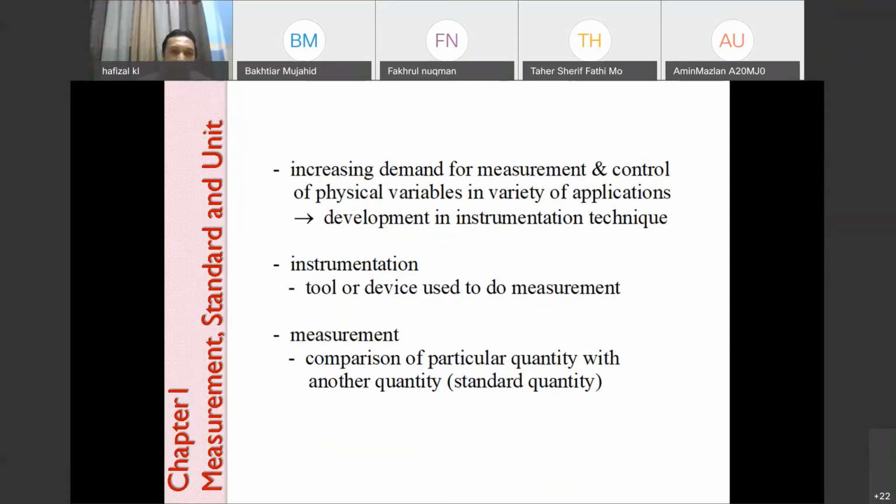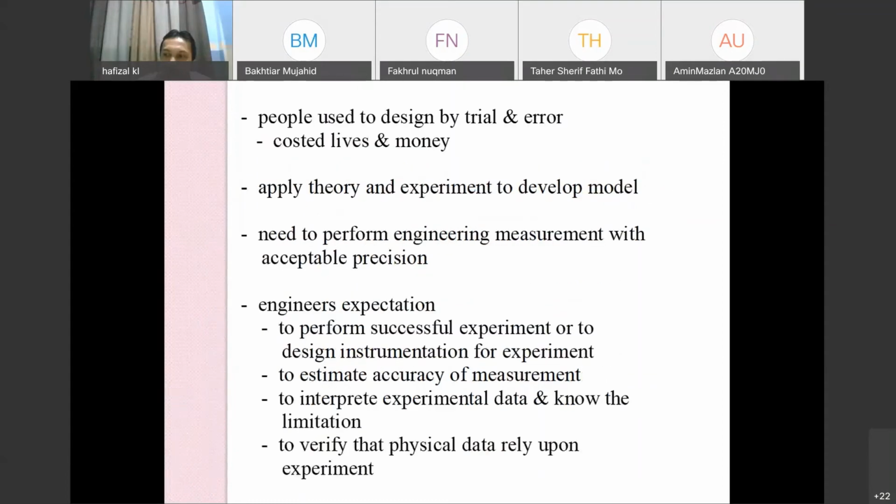In the early stage, it was by trial and error, from the stone age using their technology. From the very simple measurements they used, up to nowadays very complicated, very advanced measurement instrumentation.